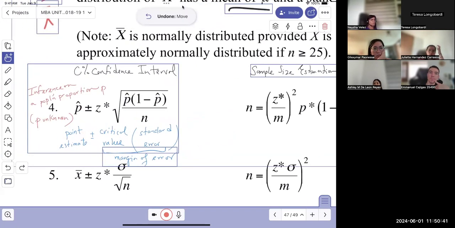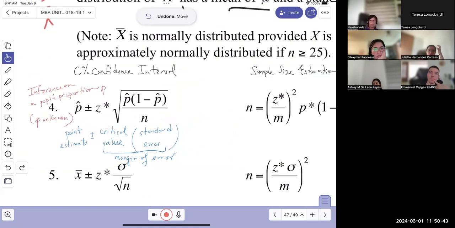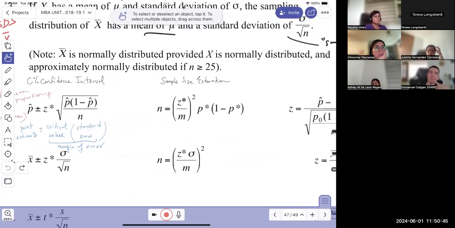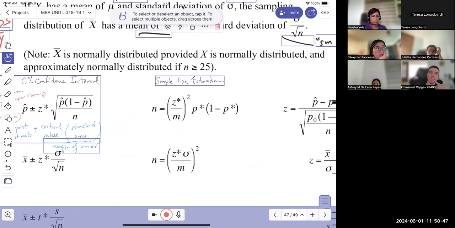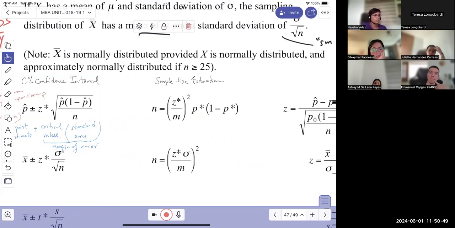Uh-oh, that's not what I wanted to do. All right. So what we're going to do instead is we're going to take what's called the margin of error, right? We're going to take this.